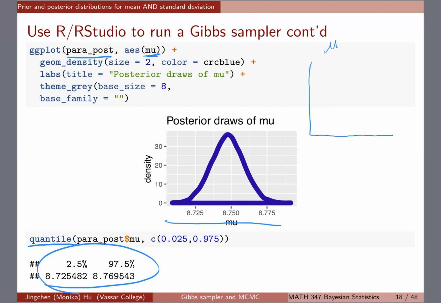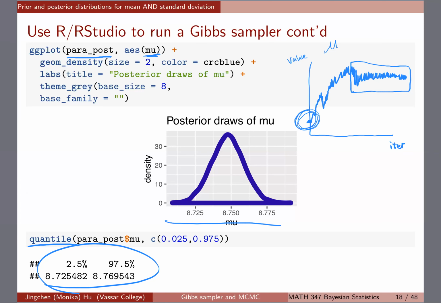But if you plot iteration by iteration, with iteration on the x-axis and the value of mu on the y-axis, then maybe you start with something here, and then you move around like this, but eventually we want to fully explore the actual posterior distribution of mu. When it has converged, and we're going to talk about the definition of converged later, then the initial value wouldn't matter.